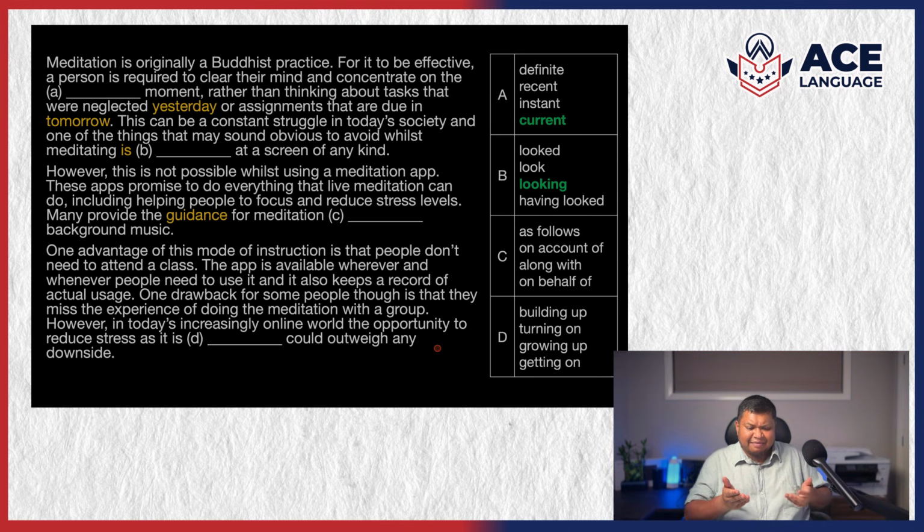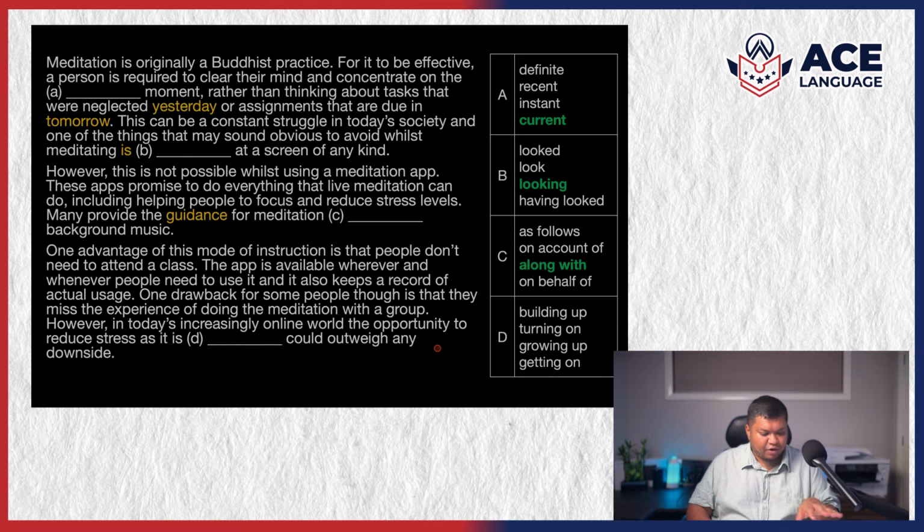Now, this app is not going to give me guidance and do on my behalf anything, right? So the answer here is along with. That means I am doing meditation by using the app. Currently, it is providing me guidance as well as giving me background music to concentrate. Hope that makes sense, right?